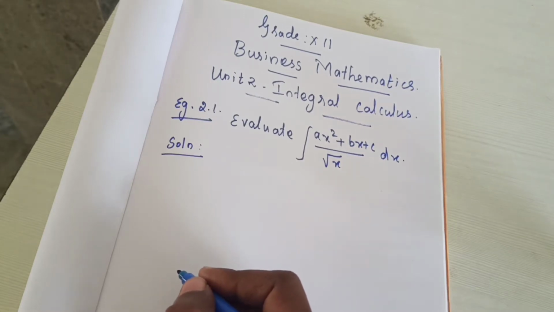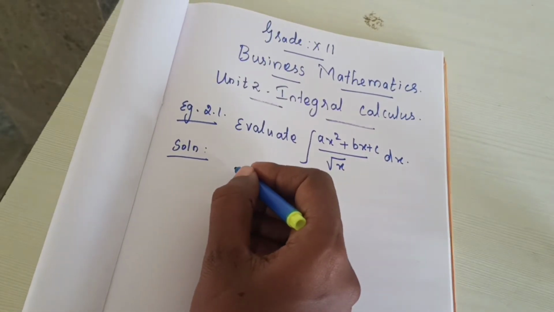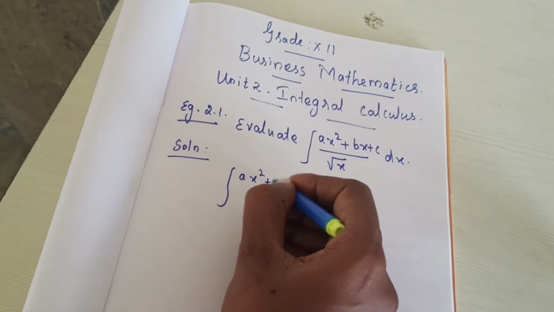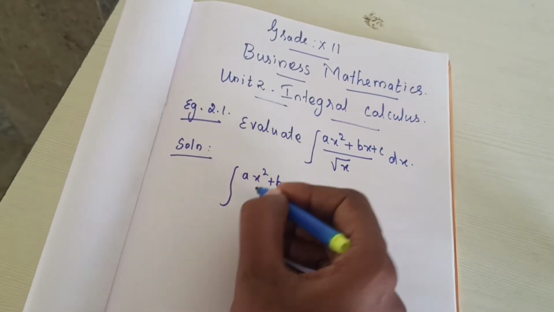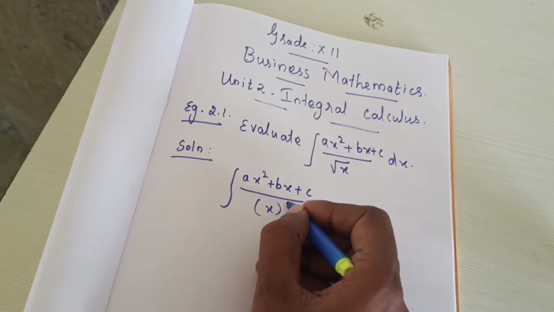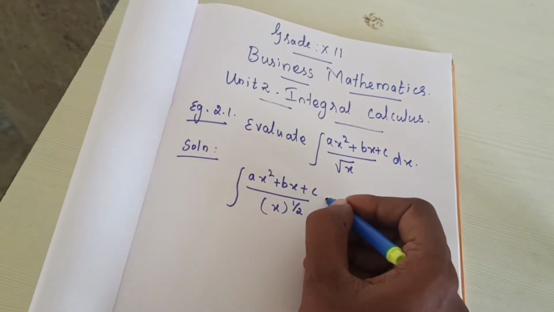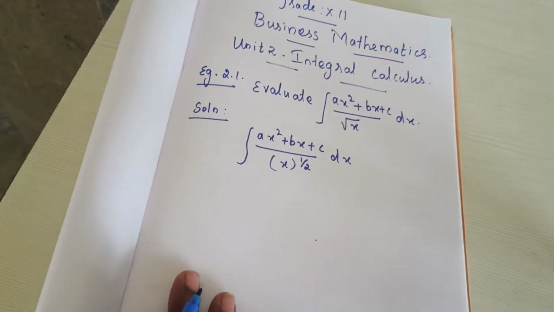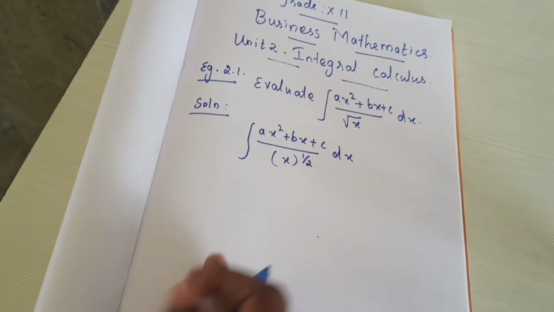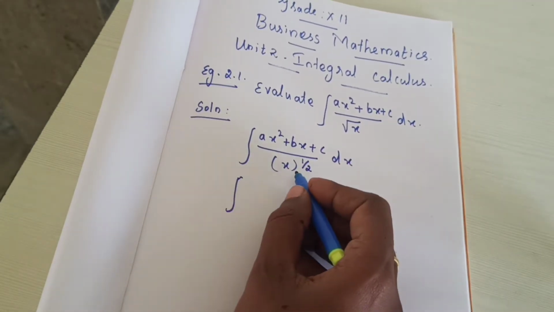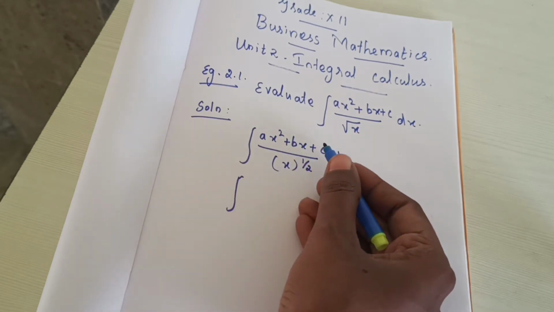So we are going to integrate ax square plus bx plus c divided by root x. How will you write root x? We will write it as x power 1 by 2. We know that, in lower class we have learned. Next step, we are going to bring this x power to the numerator.